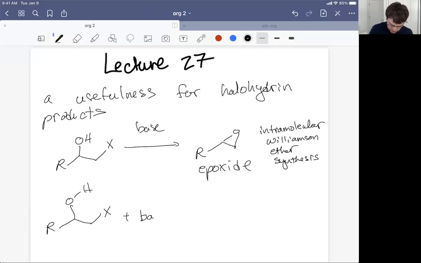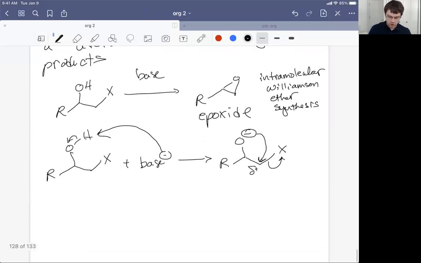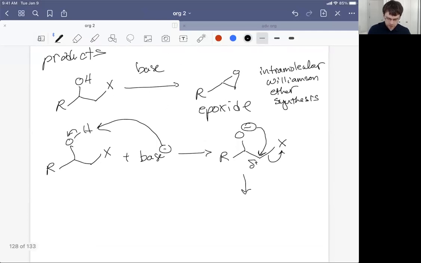And now if we consider base minus, what it's doing is it's going to deprotonate the oxygen, if we choose a good base, to give us an alkoxide, which is then going to add intramolecularly to the carbon bearing a delta positive, pretty good electron accepting sigma bond, to push the electrons over to the halogen, which serves as a leaving group, to give rise to our product.